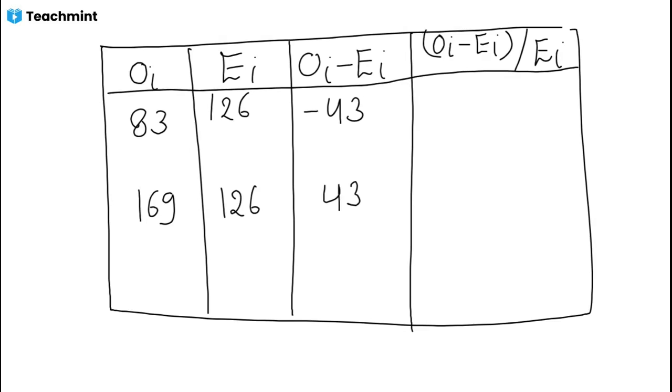So now let us take 43 minus EI 126 and 43 over 126.